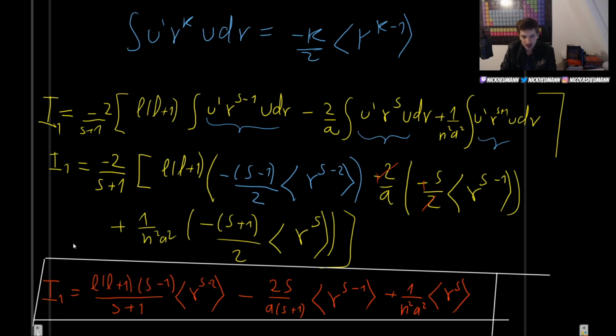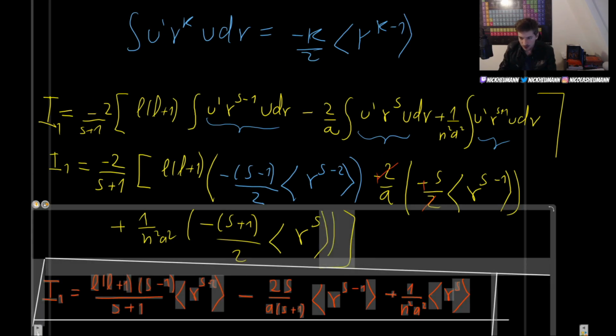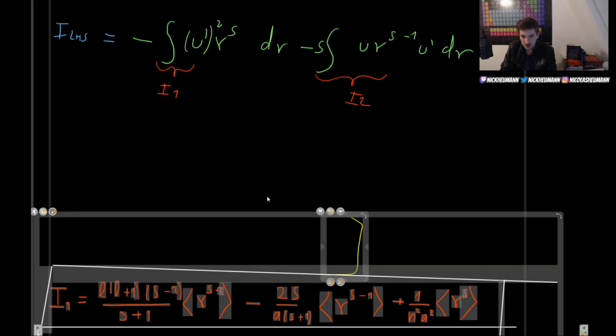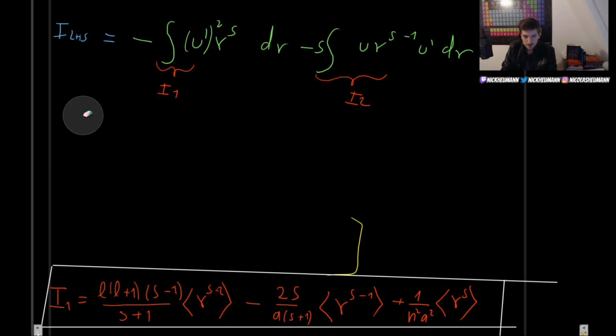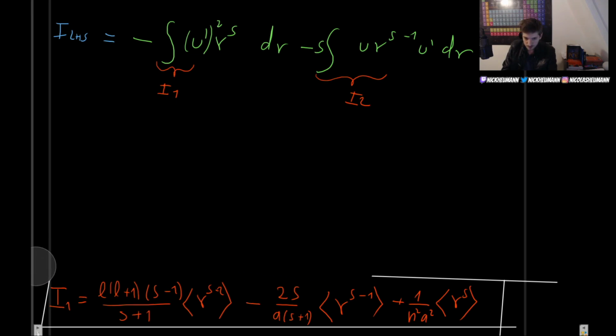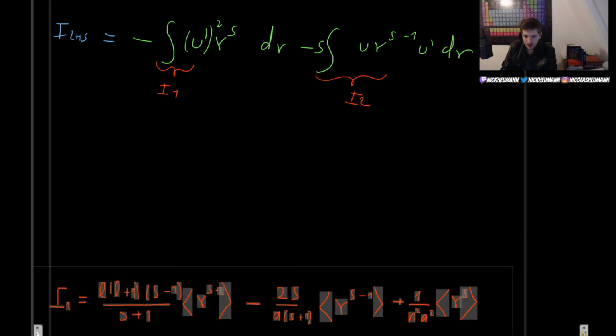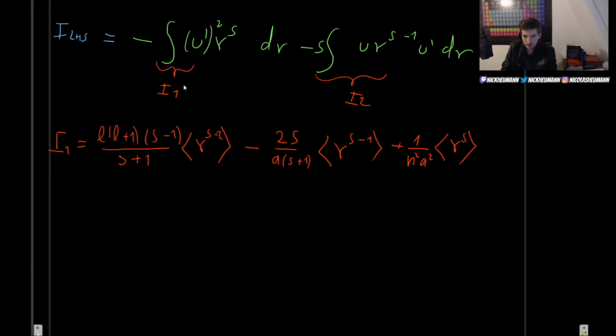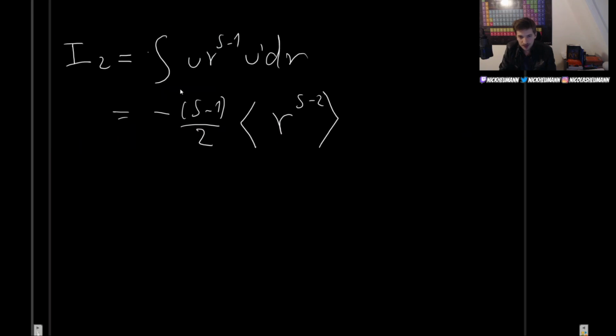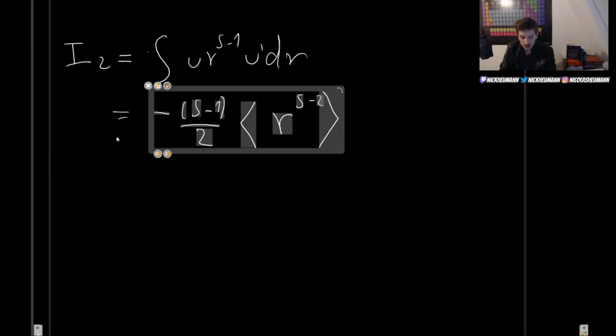Yeah, here it is. This was our result I1. I think I dragged a few additional things, but I'll fix it. We don't really need this. All right, so this right here is I1. And what is I2? We also found it quite recently. It's this right here. So this is I2.